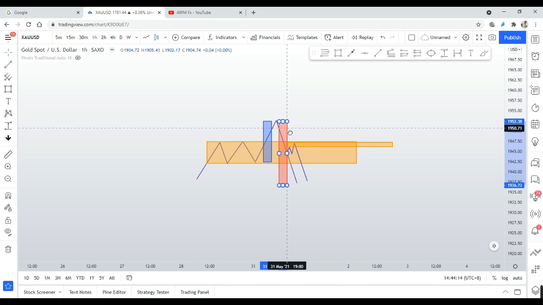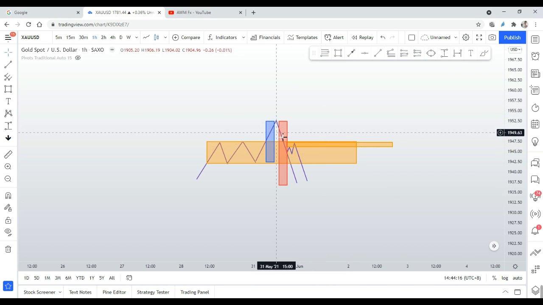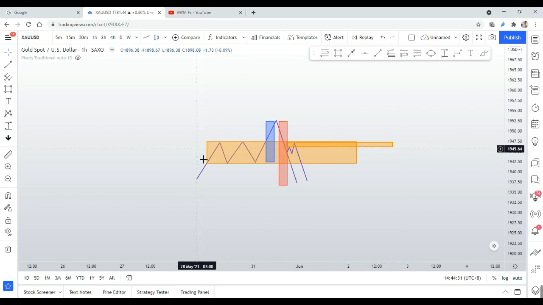So this movement will look like this, the candles, right, in candle form. So this is a strong supply zone, a very strong supply zone. So you must look for this kind of pattern.